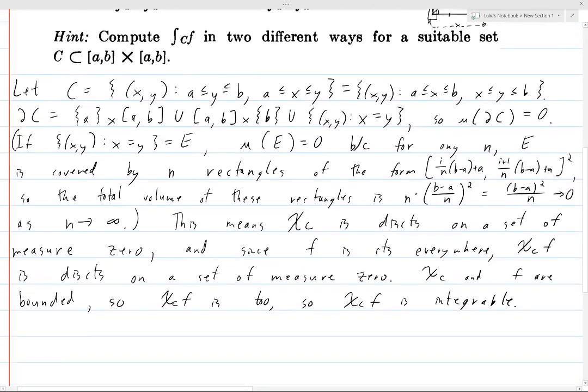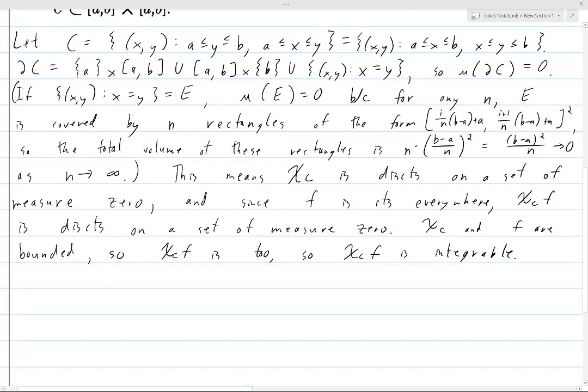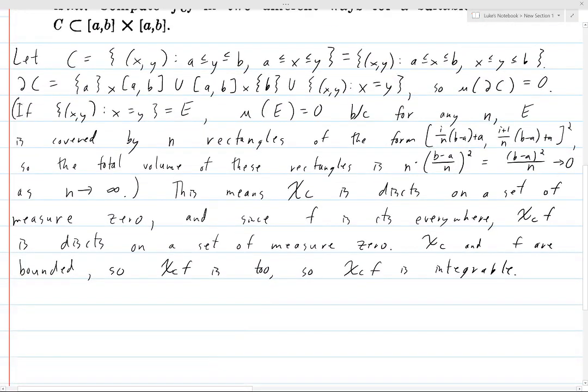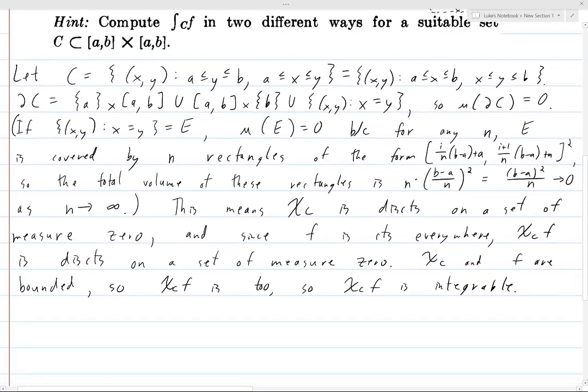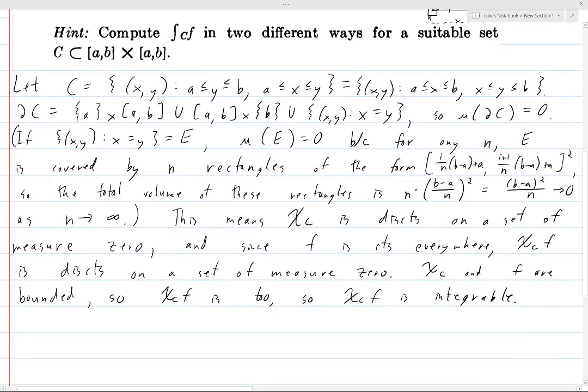Alright, so now we get into the calculations. So what we're going to want to do is, like it says, compute the integral of C times F, and we want to compute it in two different ways. And obviously the integral of F over C is basically the integral of the function F times the indicator function of C. And it says to compute it in two different ways.